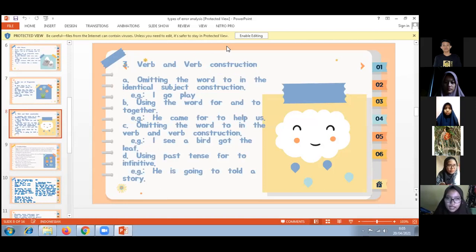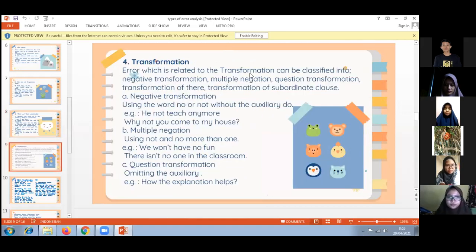For example, I see a bird got the leaf. And the last, using past tense for to infinitive. For example, he is going to told a story. Okay, thank you, Eka, for your explanations.